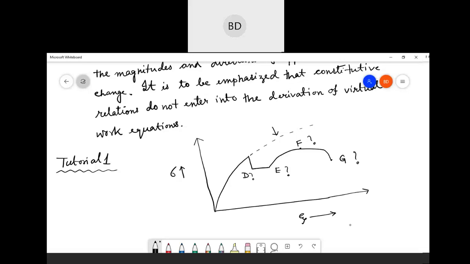Suppose there is a point here, B. Another point, A. Suppose there is a strain corresponding to this strain. Suppose you draw a straight line, draw a perpendicular here, and what is this? Now can you tell me what are the different points?